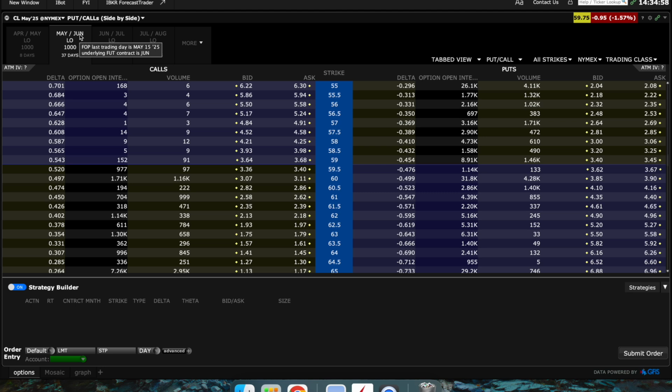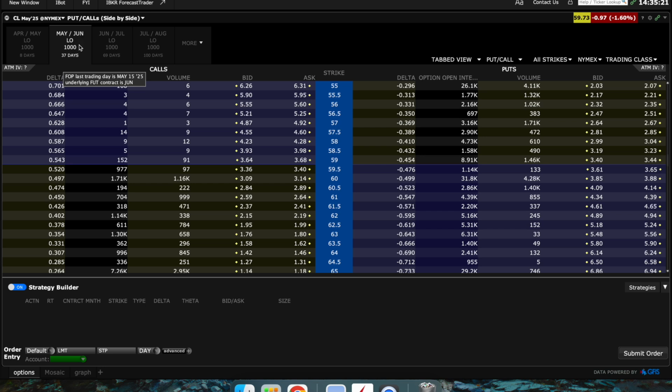This is how you know which future expiration to look at, right? So 37 days is when the option will expire. And how do you know which future contract you're trading? You just look at the second month here, or you hover over with the mouse, and you can see this is the crude oil futures expiration that expires in June.